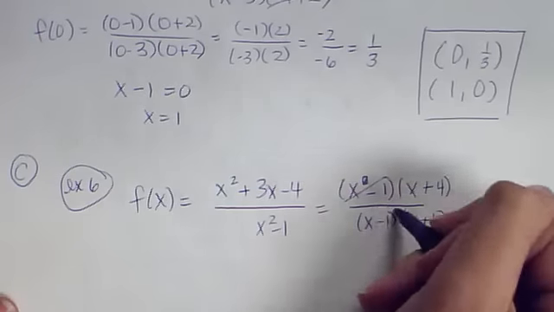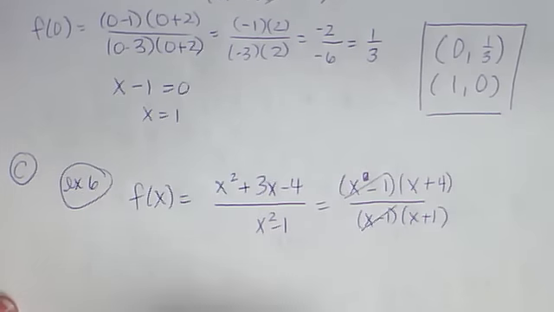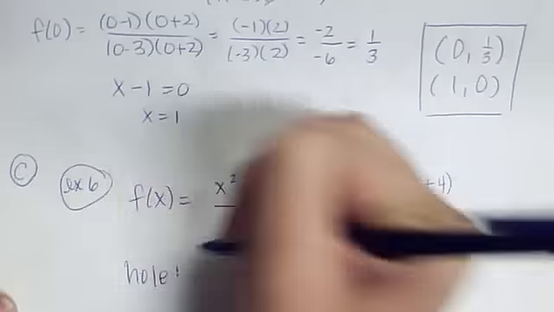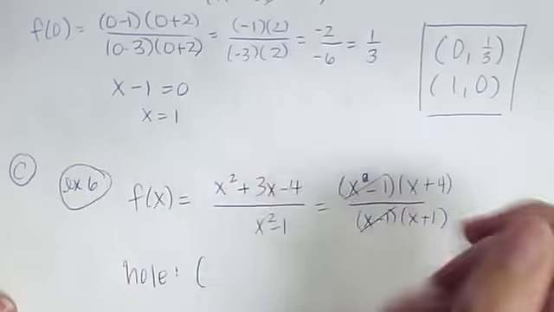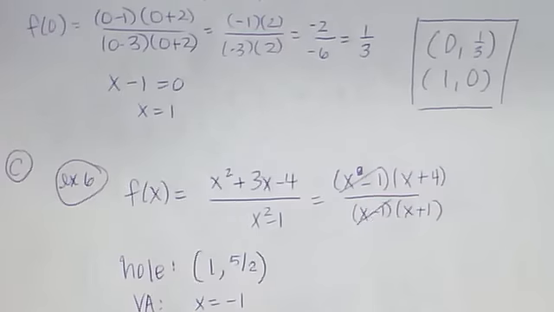You should notice pretty quickly that that factor is in common, so I can cancel it. Where I can cancel, I have a whole, so my x would be 1. My y would be 1 plus 4, which is 5, over 1 plus 1, which is 2, so 5 halves. My vertical asymptote would be if I set this piece equal to 0, so I have x equals negative 1.